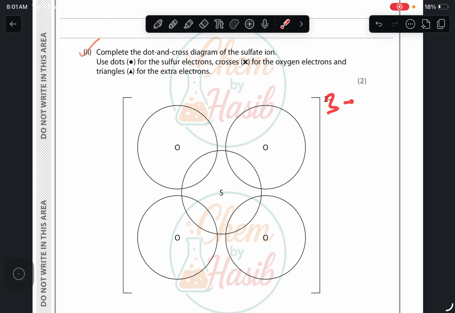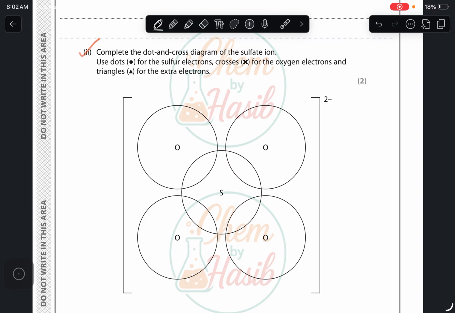If this was -3, we'll form single bonds with 3 oxygen atoms. If this was -4, we'll form single bonds with all the 4 oxygen atoms. If the overall charge was -1, we'd form single bonds with only 1 of the oxygen atoms and double bonds with all the others. Now, since we have a charge of -2 here, we'll form single bonds with only 2 atoms, all right?